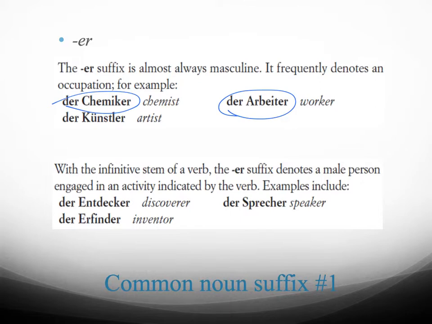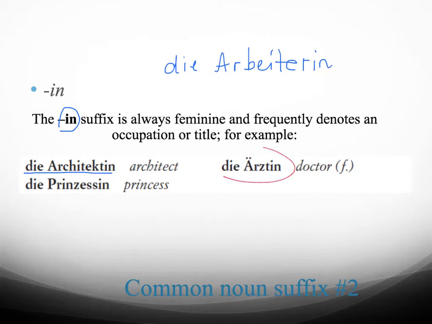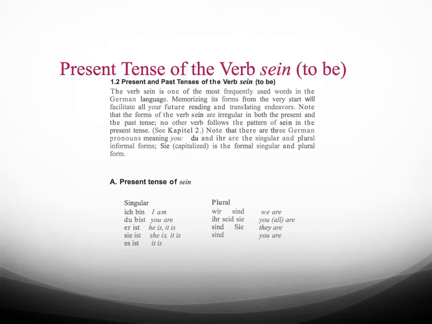Likewise, if you see this suffix after a noun, such as we saw der Arbeiter on the previous slide, but now I'm going to go with die Arbeiterin, the worker who is of feminine gender is die Arbeiterin. Likewise, der Architekt, who is of feminine gender, is die Architektin, and you get the idea. I already said this word earlier in the lecture. Do I need to even go back? No. I think you got it. Er for masculine, in for feminine are our common suffixes.